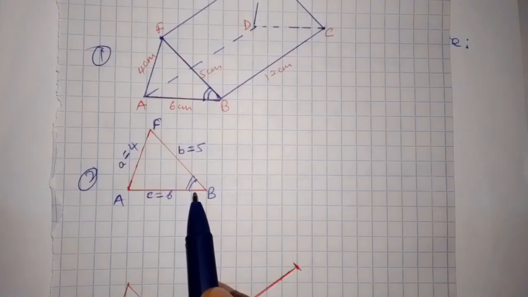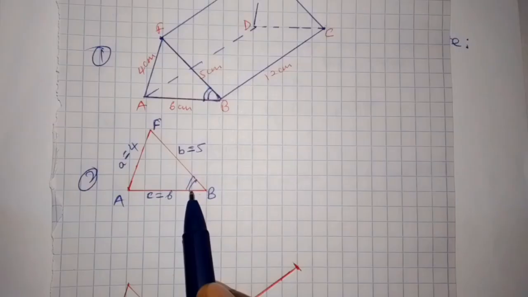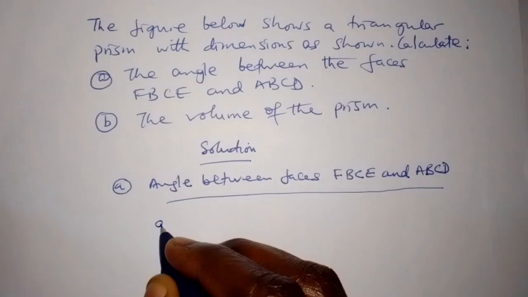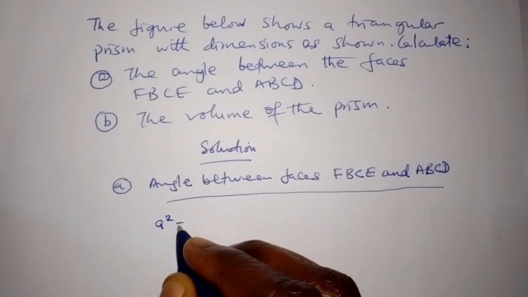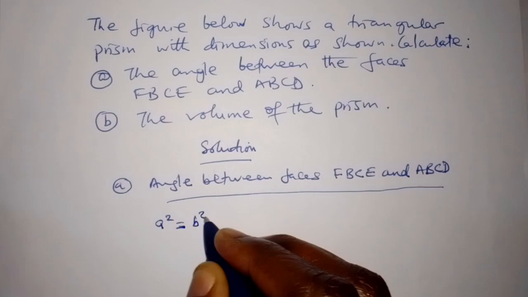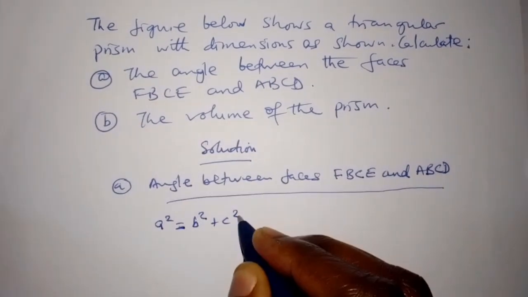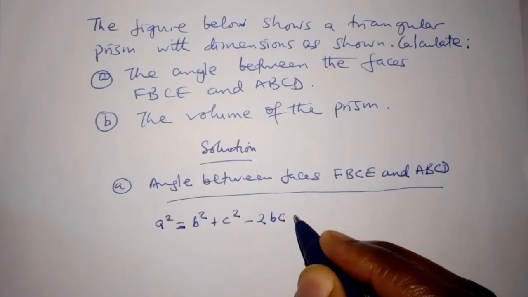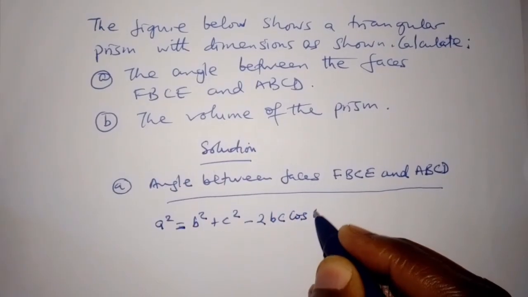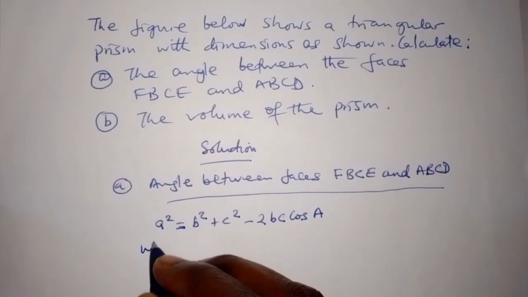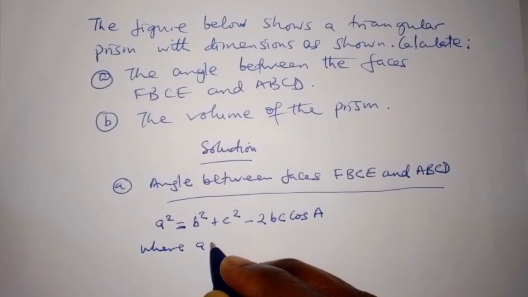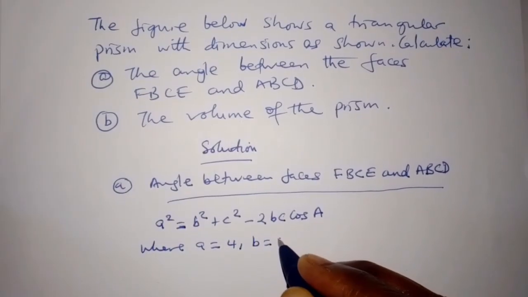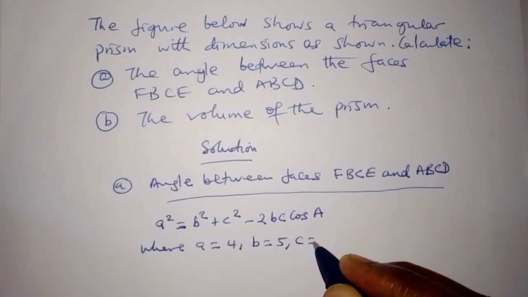We are going to use the cosine rule to find this angle. So when we use the cosine rule, we can say that A squared is equal to B squared plus C squared minus 2BC cosine A, where A is equal to 4, B is equal to 5, C is equal to 6.